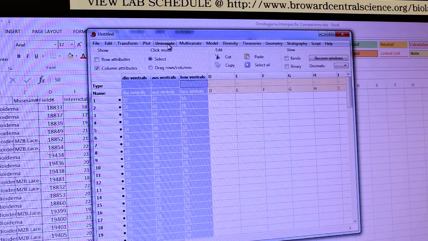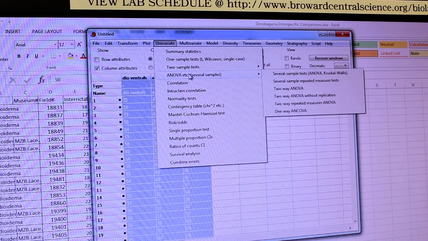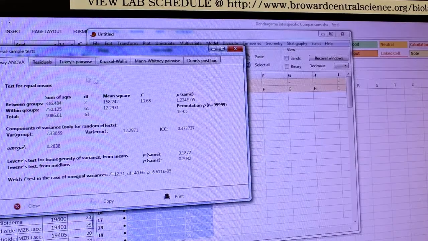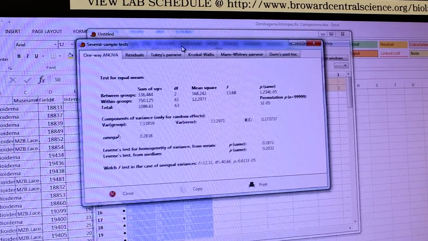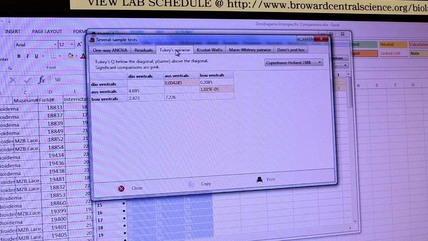All right, so we're going to select univariate, and then we want to select ANOVA several sample tests. Okay, click on the first one here. Notice there's Tukey's pairwise. You see that? So we'll select that.